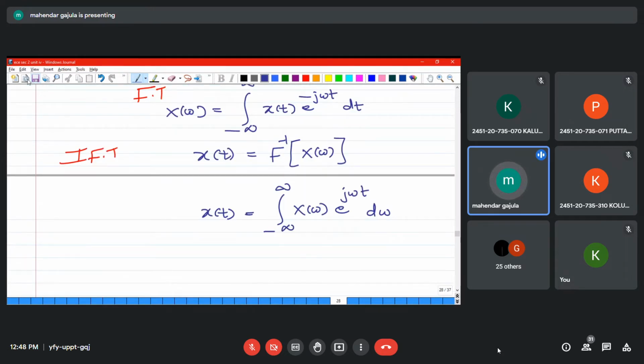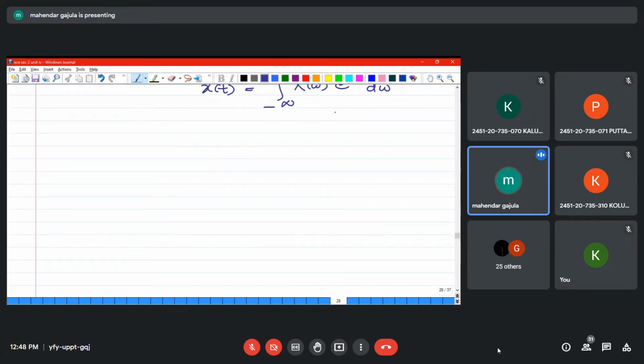And not only that, let us see some parameters in time domain and frequency domain.